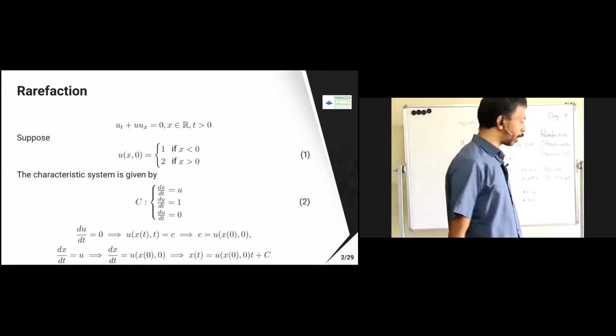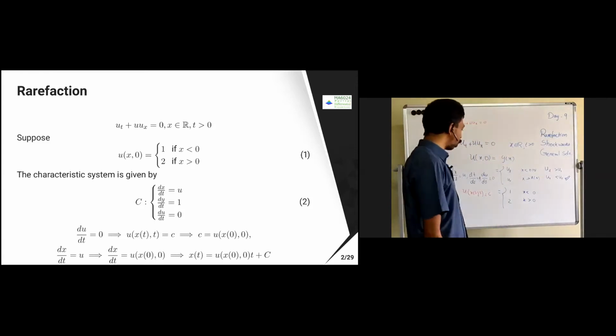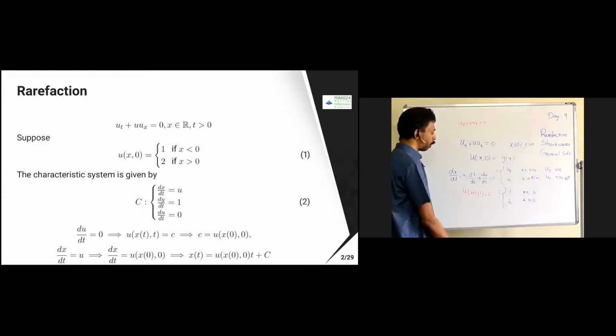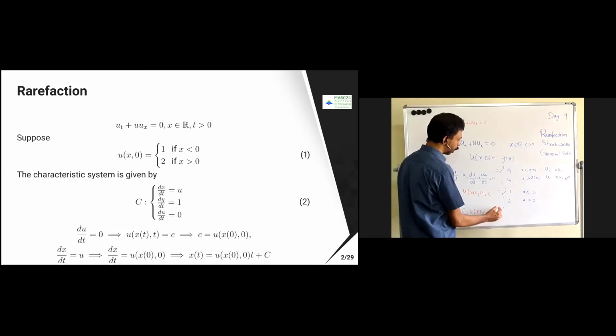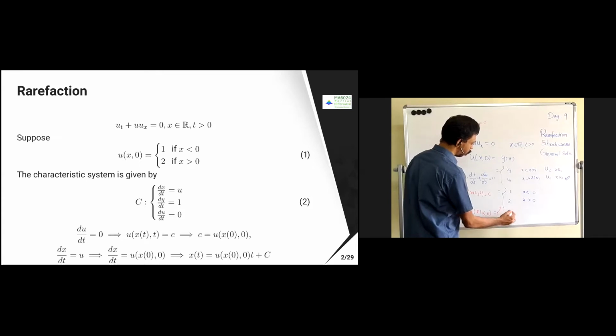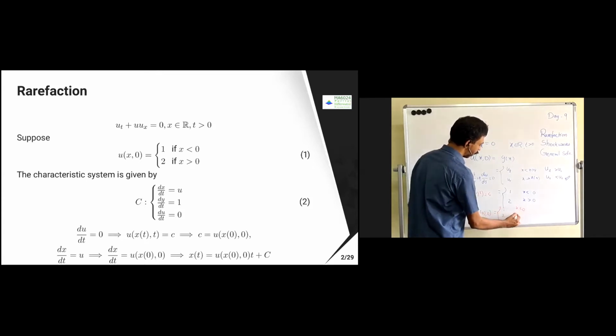Now, what is c? This is constant throughout. If I substitute s equal to 0, that is nothing but u(x,0). Therefore, c is going to be u(x(0), 0). But what is that? That is nothing but 1 or 2, for x less than 0 and x greater than 0.